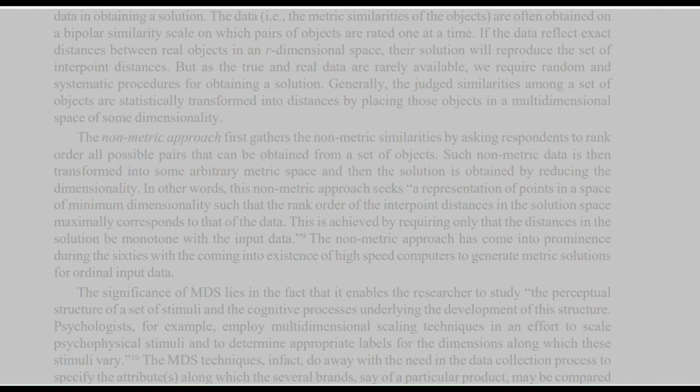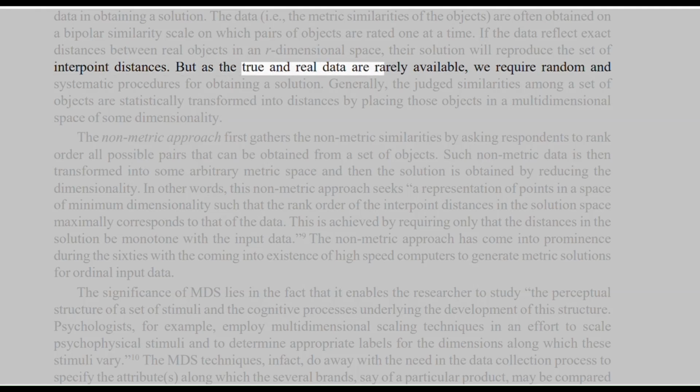It minimizes the dimensionality of the solution space. This approach utilizes all the information in the data in obtaining a solution. The data, i.e., the metric similarities of the objects, are often obtained on a bipolar similarity scale on which pairs of objects are rated one at a time. If the data reflect exact distances between real objects in an r-dimensional space, their solution will reproduce the set of interpoint distances.